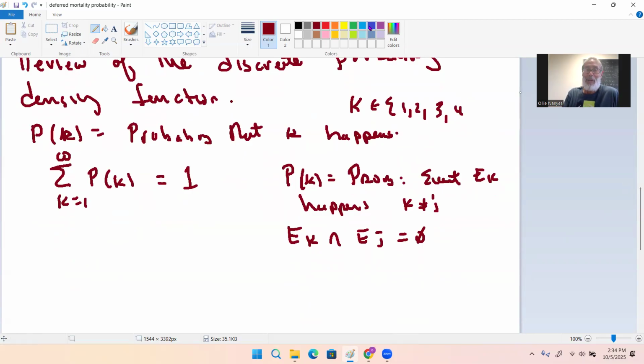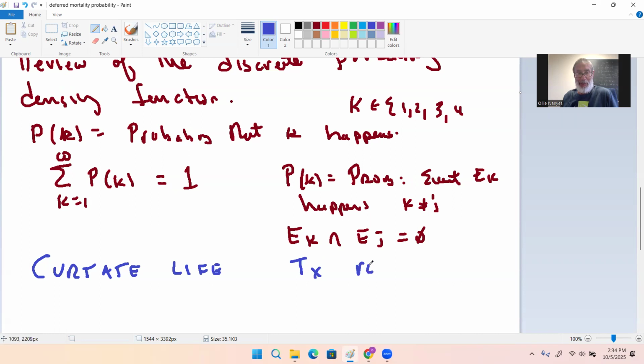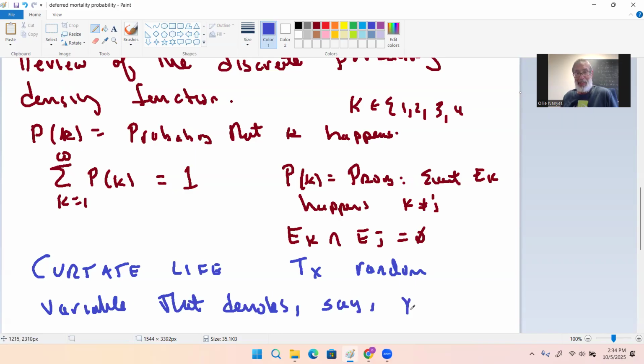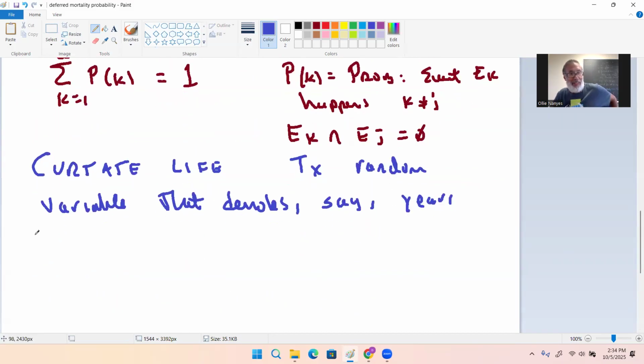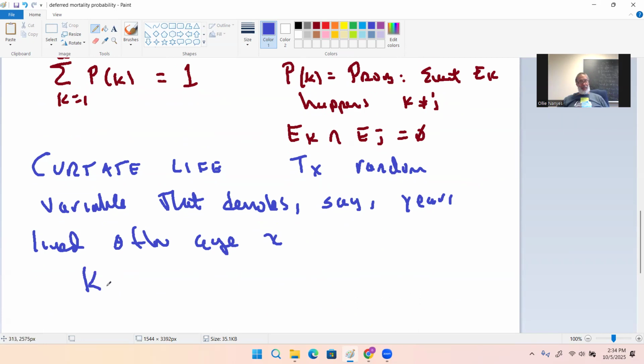Well, let's think about curtate life. If we say that T sub X is the random variable that denotes years lived after age X, then we can define this thing here, curtate life.